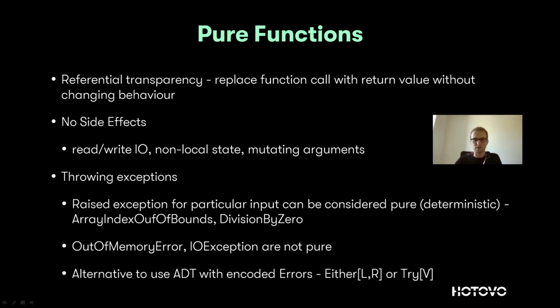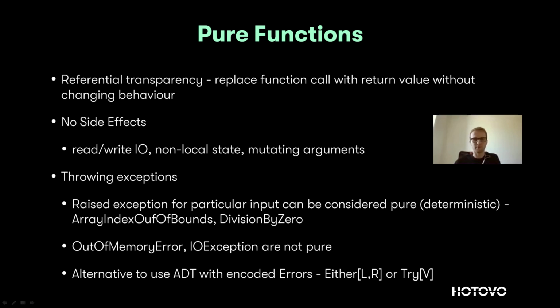I always get back the same result. It's kind of like functions having types of return values, and there's a way to encode errors with algebraic data types. So it doesn't have to use the throw mechanism, but can return either a value or an error.